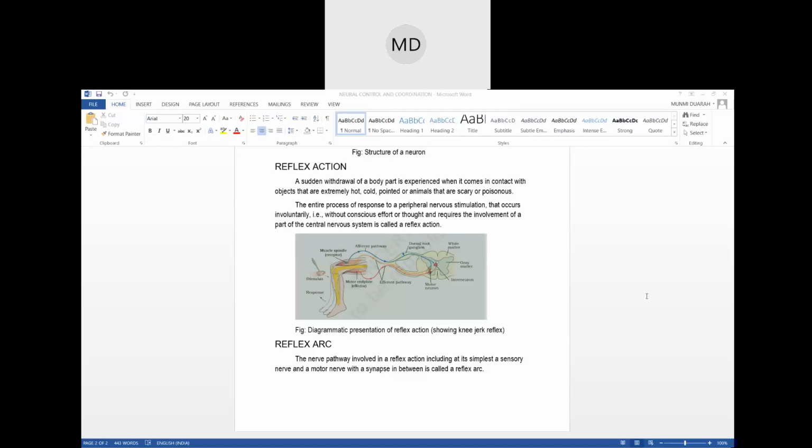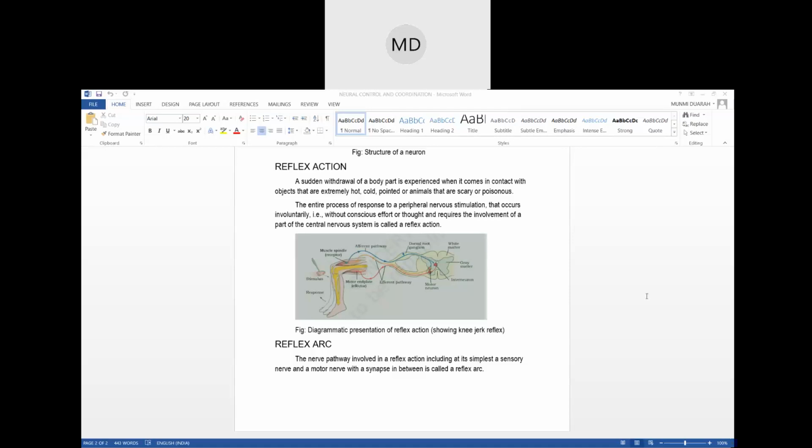You don't know that something is coming, and it is a sudden reaction of your body to some stimulus. So you are walking by the road, some car is coming towards you to hit you, you will run, right?